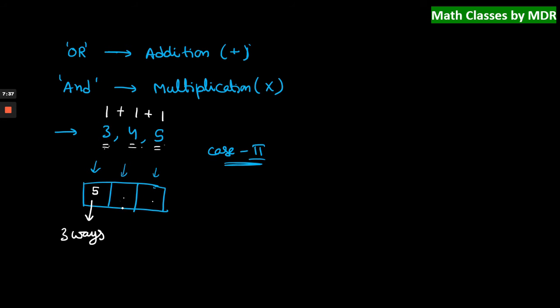So in the tens place, 2 ways. Then in how many ways can I arrange the units place? How many numbers are left for me? Suppose I have used 4 here, 4 cannot be used again. Or if I have used 3 here, 3 and 5 cannot be used here. So I have only one number, that is one way.